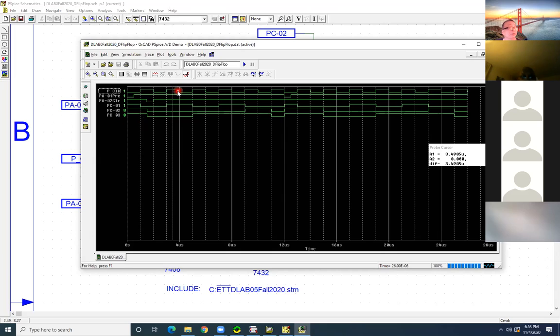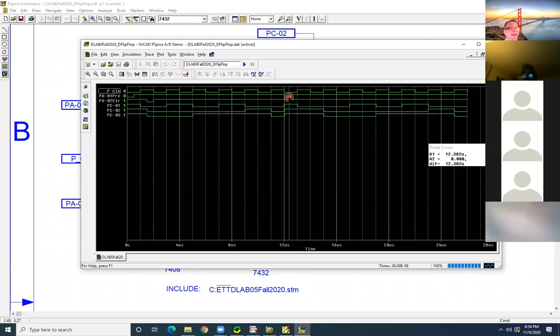So basically it takes 1 and 2 microseconds. That's the next test. And this will be the next test right here, which has to be a 0 to 1 transition. And the next test right here, and the next test here. However, now they want to test for the preset going low right here.